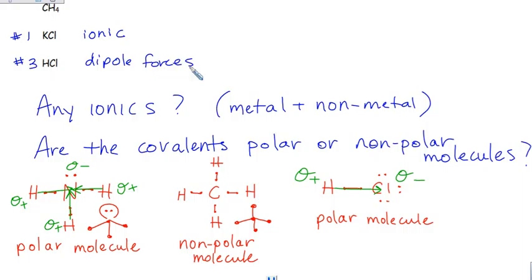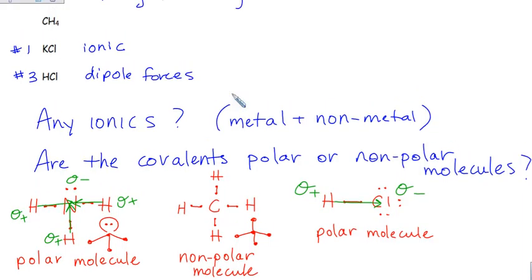And I guess the loser in this battle would be the nonpolar molecule. The nonpolar molecule does not have any substantial region of partial positive or partial negative. These individual bonds might be a little bit polar, but due to their equal arrangement around the center, the electrons really are, for the most part, evenly distributed around the central carbon.